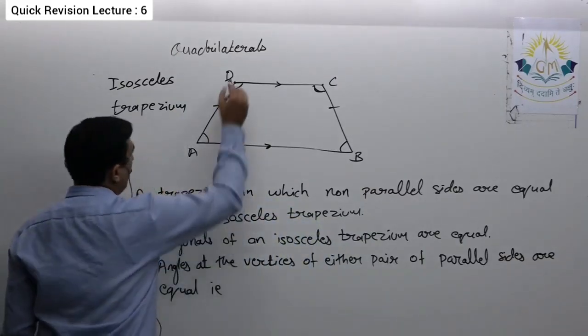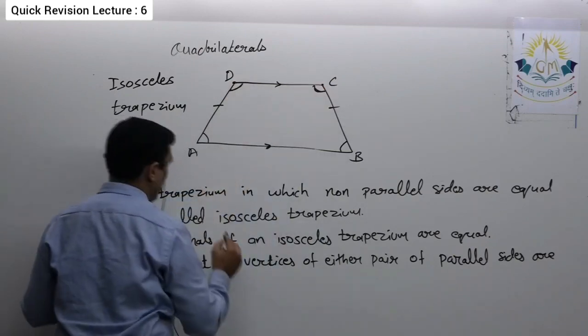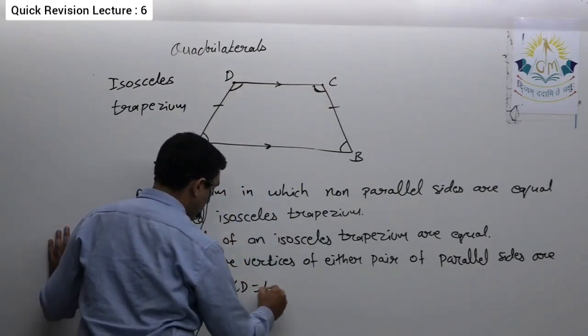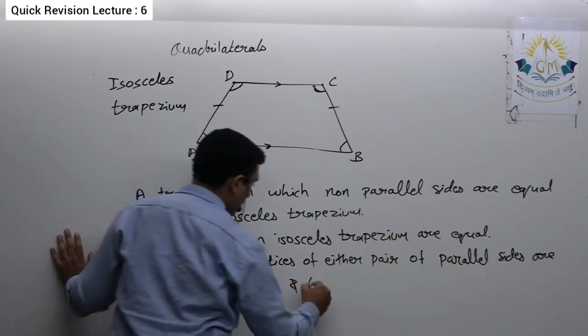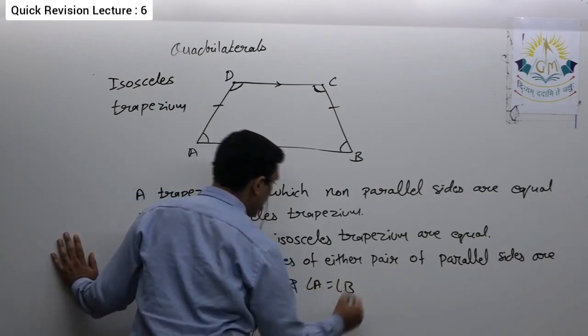That is, I can say angle D is equal to angle C, and angle A is equal to angle B.